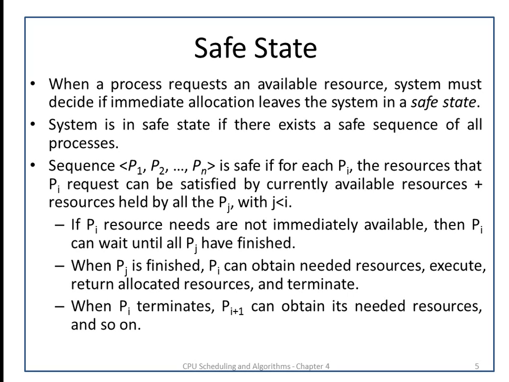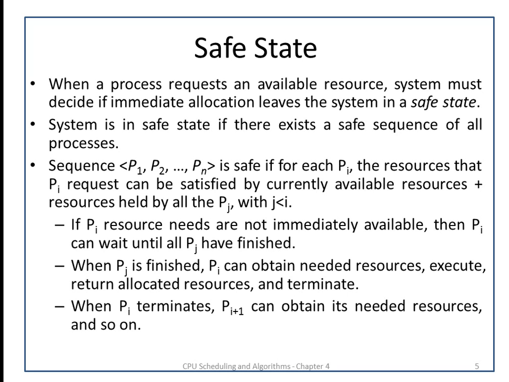the resources held by all the processes Pj. Pj is the process which is executed before the Pi execution. So if all the resources that are held by all those Pj processes and the available resources satisfy the request of Pi, then we can put Pi in that safe sequence.